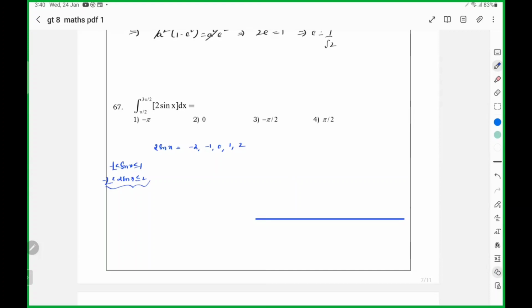Now let us draw the graph of 2 sin x. Say this is 1 unit, 0, pi by 2, pi, 3 pi by 2.